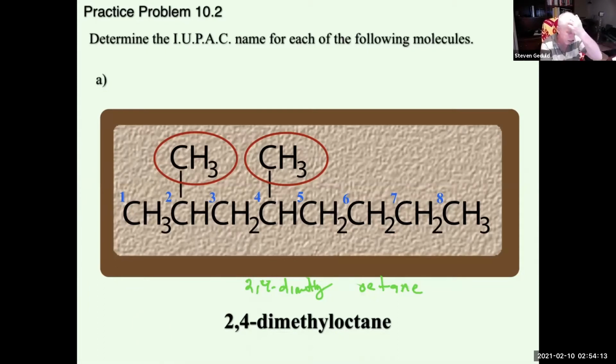All right, so to draw the line structure, this is what you should have on your paper. You draw the line, the longest carbon chain. Should have 8 carbons. So 1, 2, 3, 4, 5, 6, 7, 8. There's 8 carbons. And then you want to put a methyl group, which is 1 carbon, at number 2 and at number 4. There it is. That's the line structure.